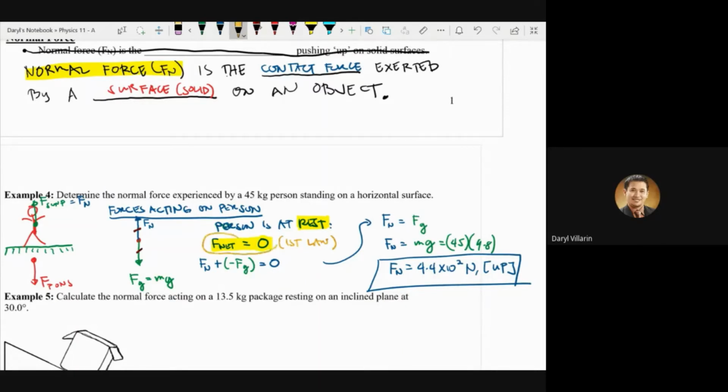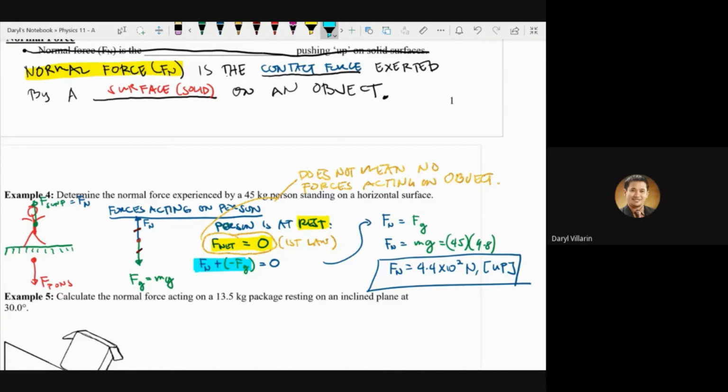Net force is equal to 0 does not mean no forces acting on the object. Okay, it does not mean that, because you actually have two forces acting on the object. You have Fn and Fg.